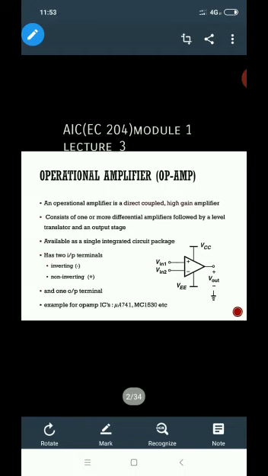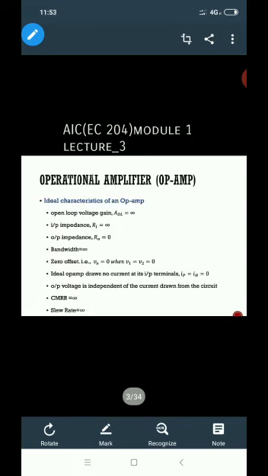It is available as a single integrated circuit package which has an inverting input terminal, the minus terminal, a non-inverting input terminal, the plus terminal, and an output terminal. Some examples of op-amp ICs are IC741, MC1530, etc. In our class also I have given several types of dual inline package op-amp ICs.